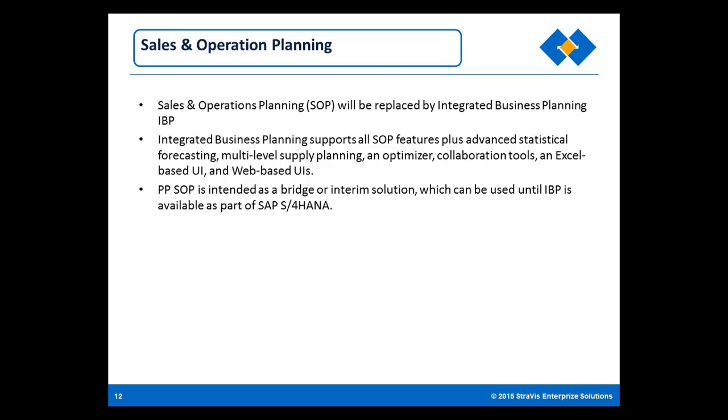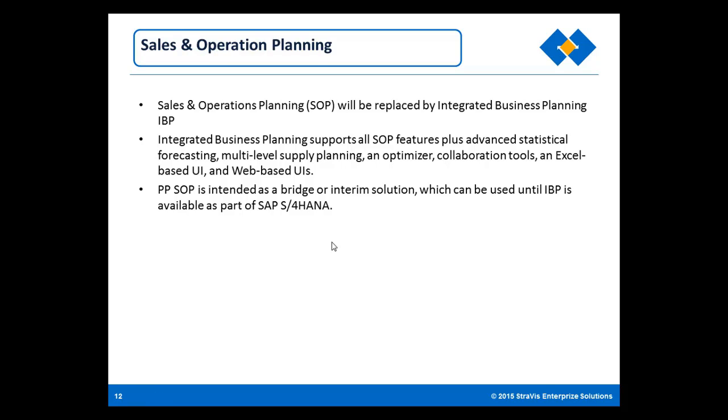Once integrated business planning supports all SAP features, plus advanced statistical forecasting, multi-level supply planning, optimizer, collaboration tools, and Excel-based and web-based UIs, all this can be used going forward.